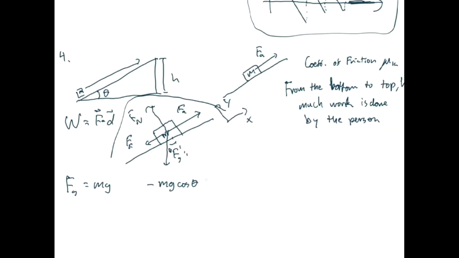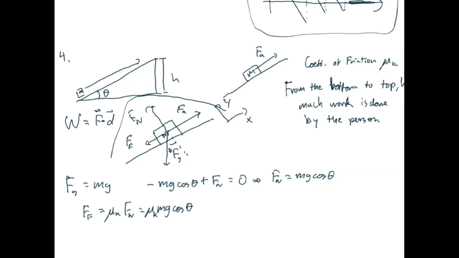So gravity is mg cosine theta downwards, and it has to be balanced by the normal force. So then we can just get the normal force immediately from this. And then we also can now balance forces in the horizontal direction, because now we can find friction by the definition of coefficient of friction. The friction is just mu times the normal force. So this is mu mg cosine theta.